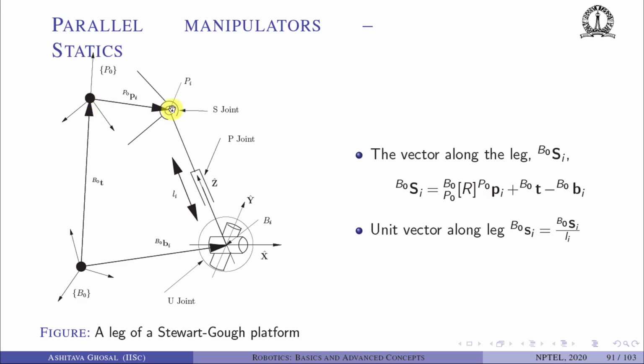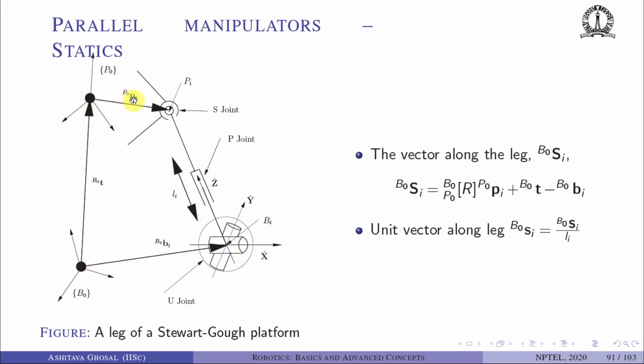There is a local vector which locates a spherical joint in the moving coordinate system, and then there are two rotations at this hook joint. So we can rewrite this vector from Bi to Si. Basically the vector along the leg is nothing but P0 Pi, this plus this minus this vector.